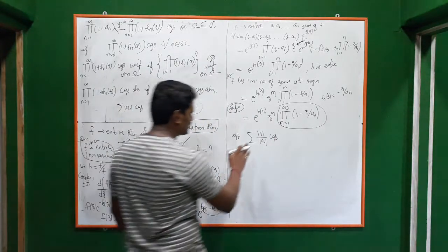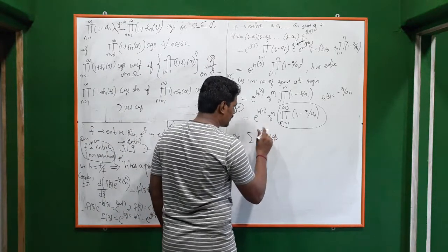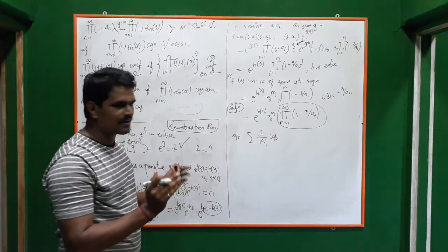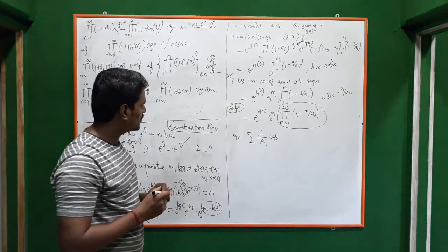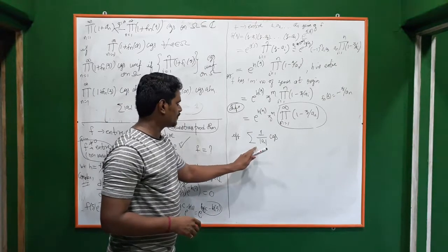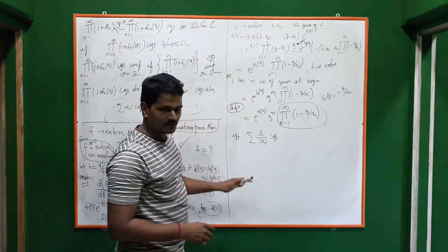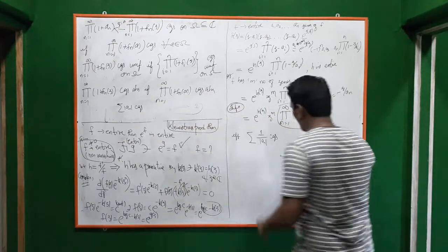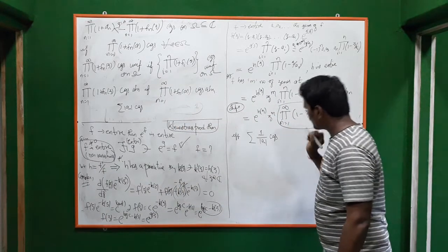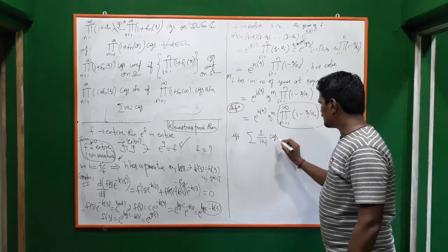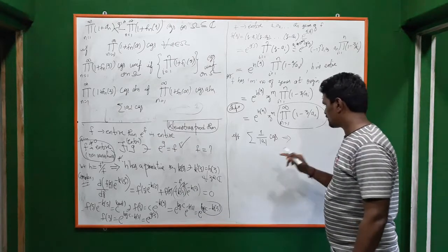Leave about mod z, because if you have mod z there, it will only give the region where it will converge. So no need to worry about that. We just have to discuss this. If this converges, then we can say this converges and everything will be solved. Okay. Now, this converges implies what?